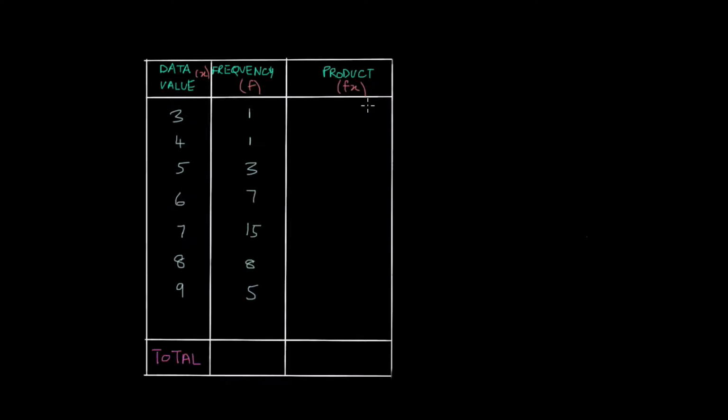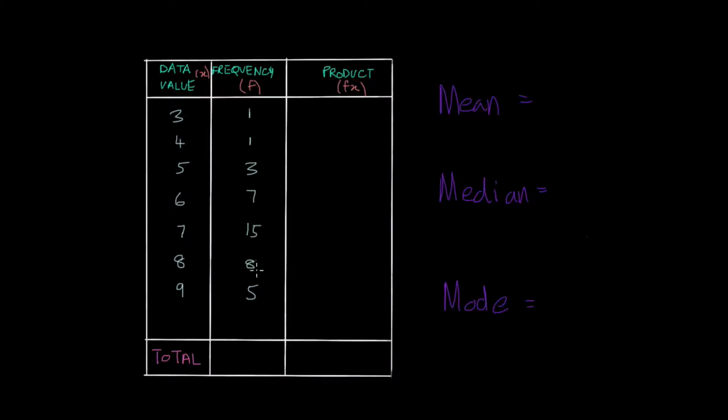And our aim is to find the mean, the median, and the mode using the frequency table. Okay, so this is our aim. To find the mean, you know that we need to know n, or the number of terms.